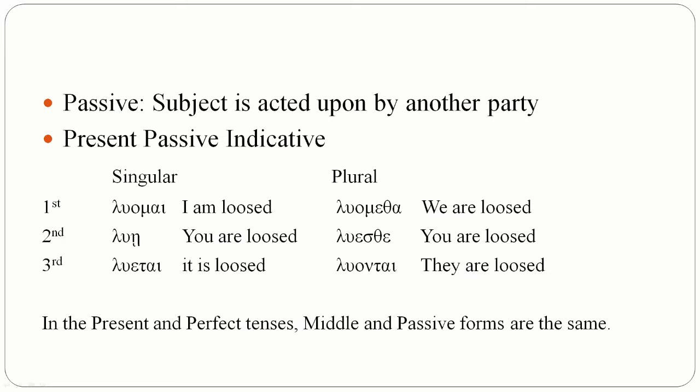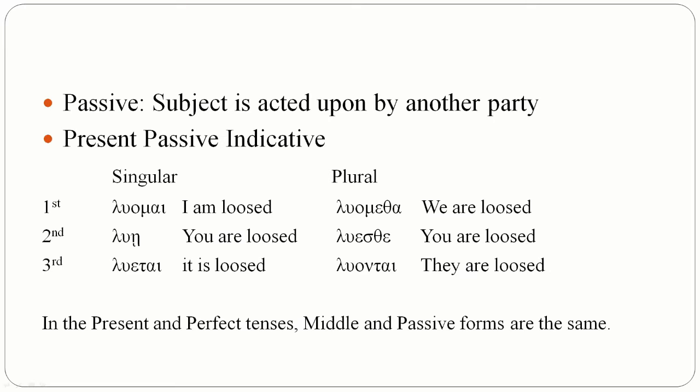And I've put a note down here on the bottom. In the present and the perfect tenses, your middle and passive forms are the same. Your aorist and future are going to have different endings, so the middle and passive forms are going to be separated. But in the present and the perfect, it's kind of nice. The middle and passive forms are the same. Again, this is nice for memorization.